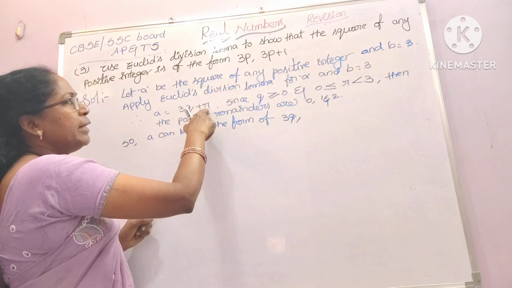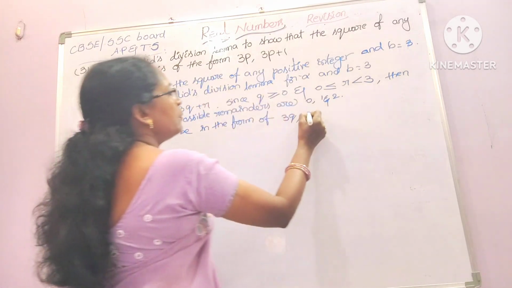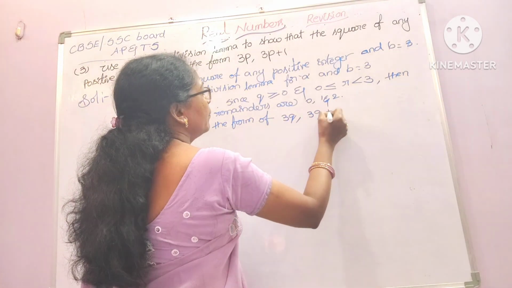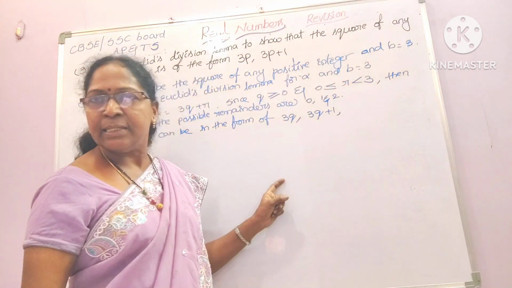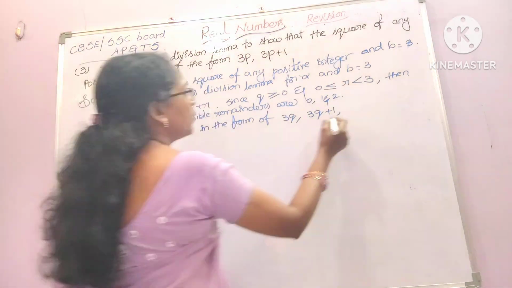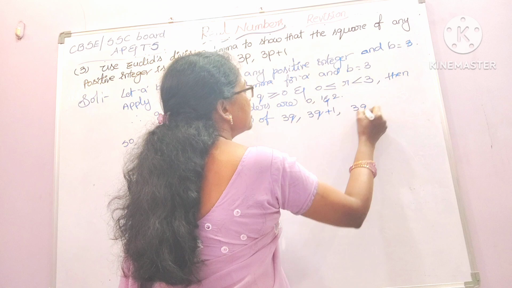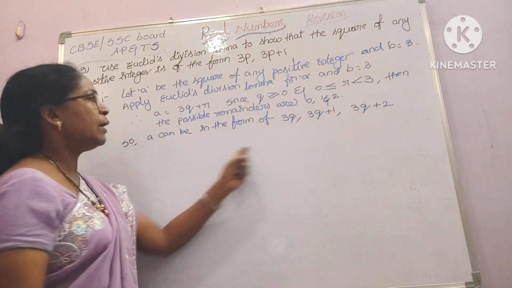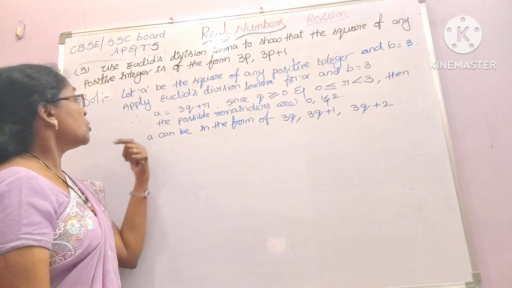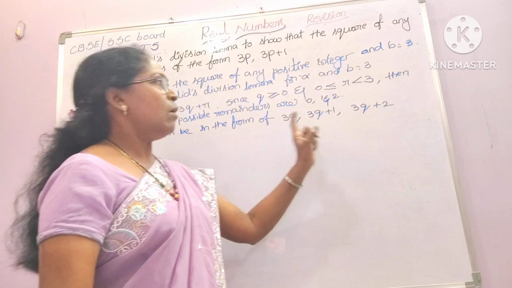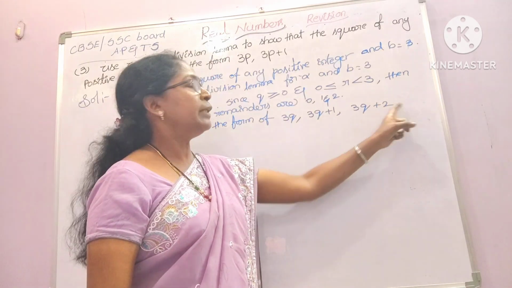Or here r equal to 1, then 3q plus 1 form. And the last condition is r equal to 2, so you can write 3q plus 2. These are the possible conditions. So A can be in the form of 3q or 3q plus 1 or 3q plus 2.